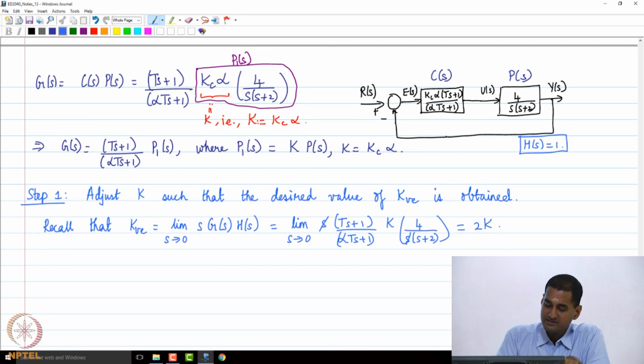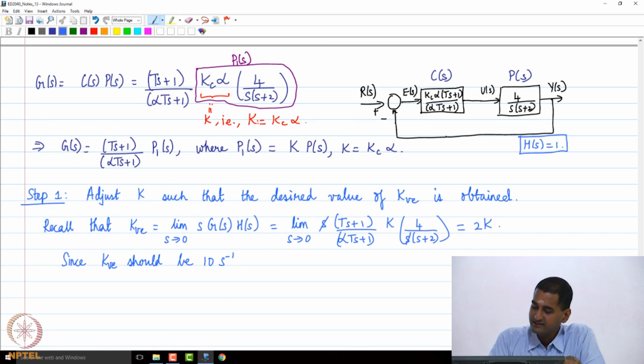Since KVE should be, sorry, not 10, 20 per second, 2k should be equal to 20, that implies that k should be equal to 10.